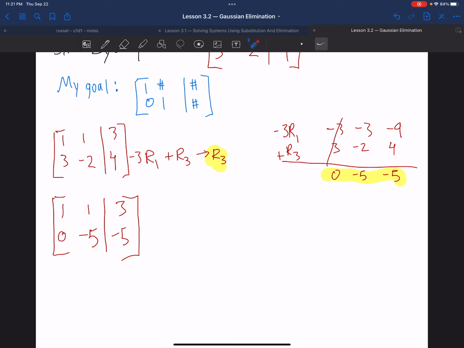Well, I don't want to add 1 to it because if I do that, this 0 is going to be messed up by this 1.